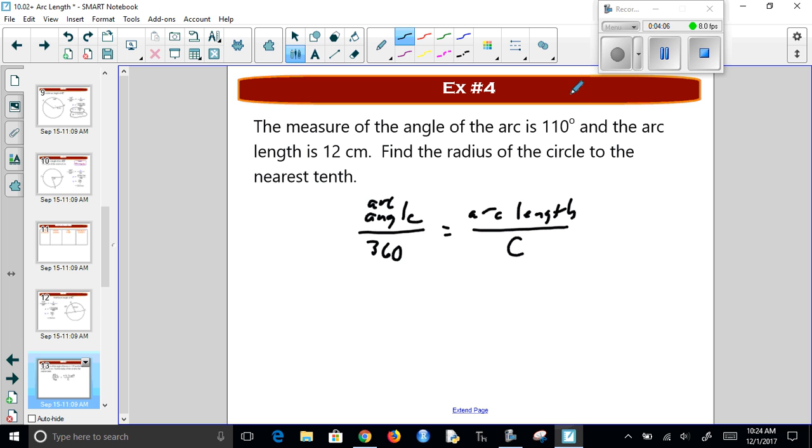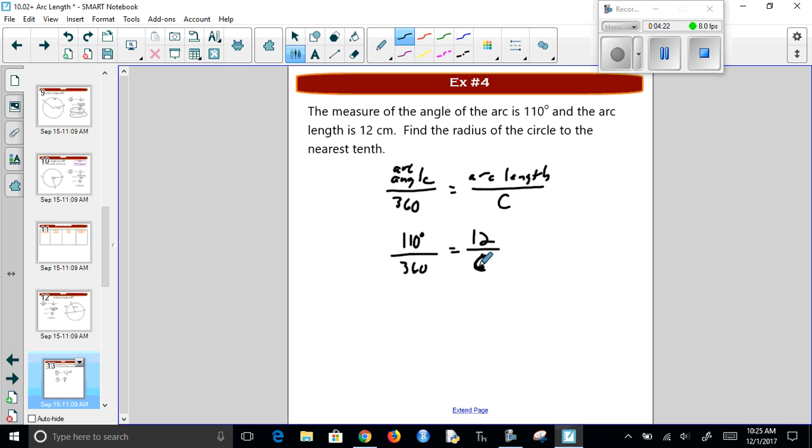So the measure of the arc is 110 over 360 is equal to our arc length, which is 12, over C for circumference. So now we can cross multiply and figure out what our circumference would be.